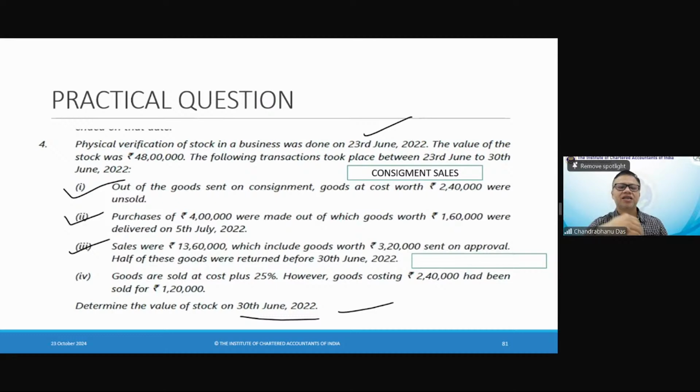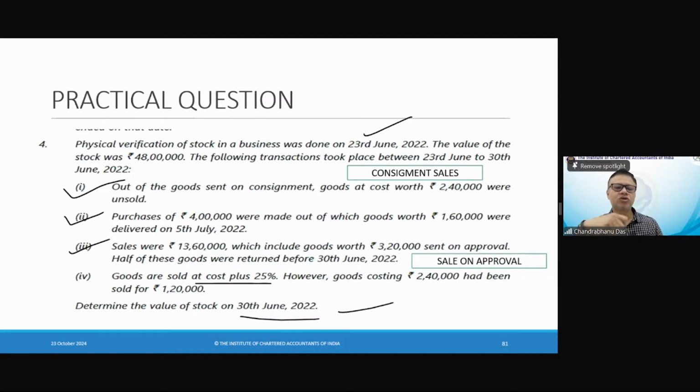That means you imagine that the customer will accept all of them, but out of that, on the basis of sale on approval, half of these goods were rejected, and you received half of these goods before 30th June. That means 3,20,000 by 2, 1,60,000 you received before 30th June.